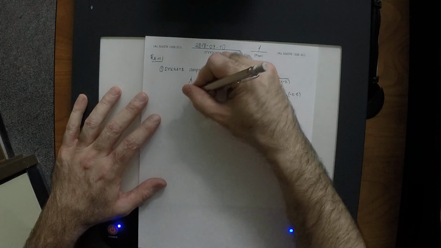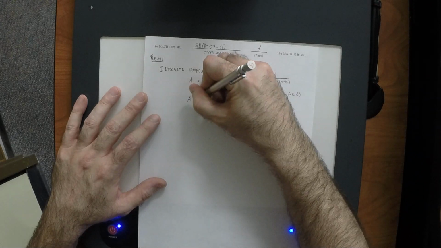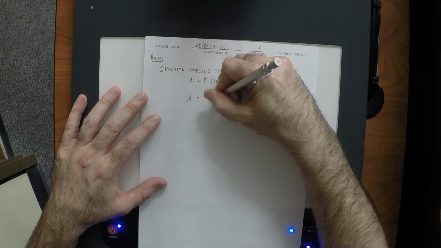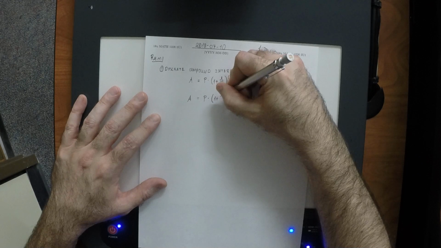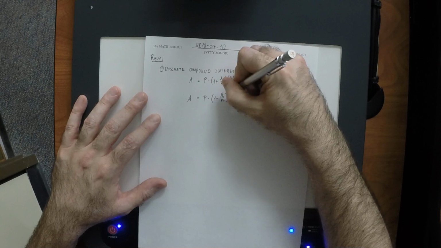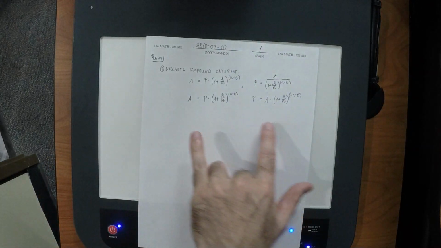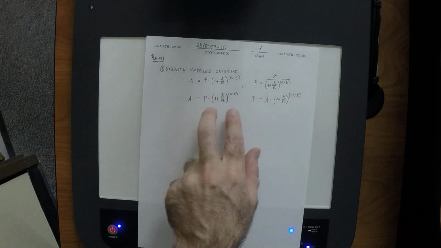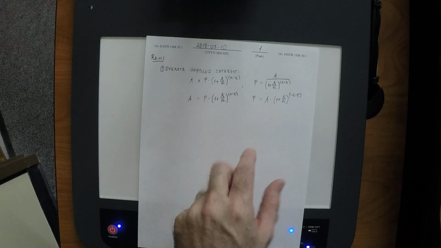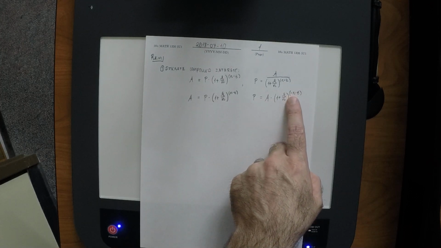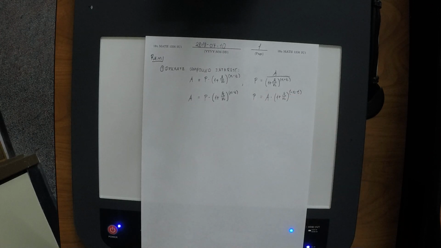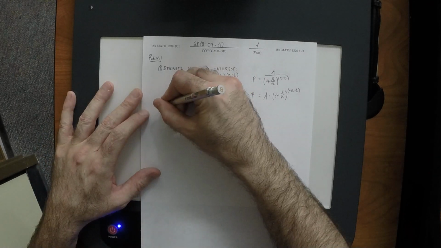So what I want you to see from this, I'm just copying that formula down, is that these two formulas are essentially the same, except this funny looking factor has moved side to side, and for this one in particular, the exponent is negative. Okay, that's for discrete compound interest.